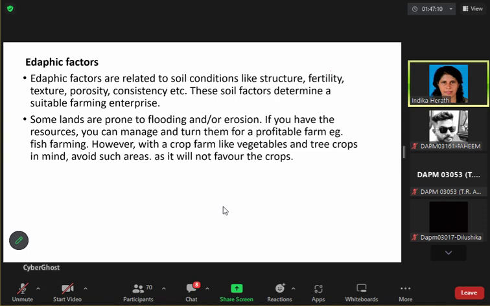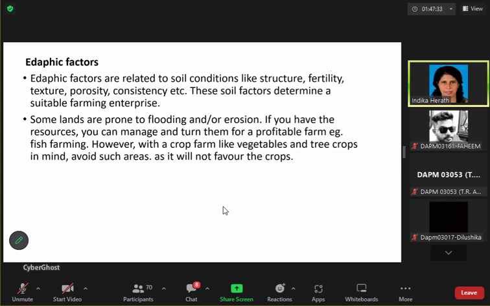Some land is prone to flooding and erosion. You already know flooding and erosion is going to cause some health issues. And also erosion will degrade the land, so that will reduce the capacity of land to support the plants. So both flooding and erosion cause issues.